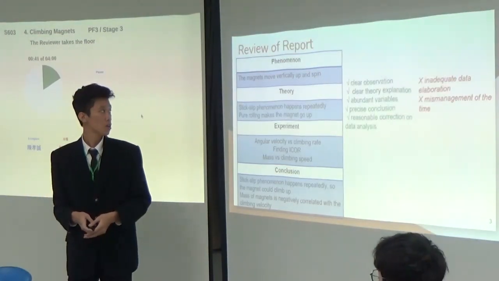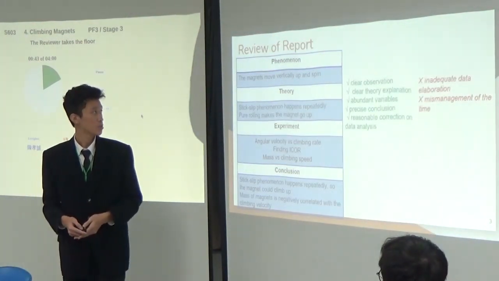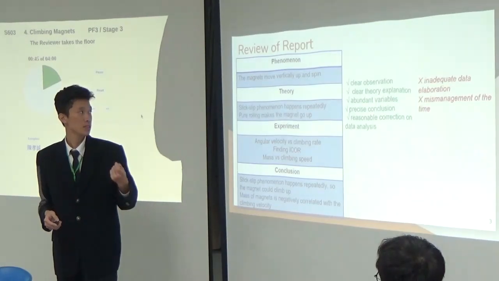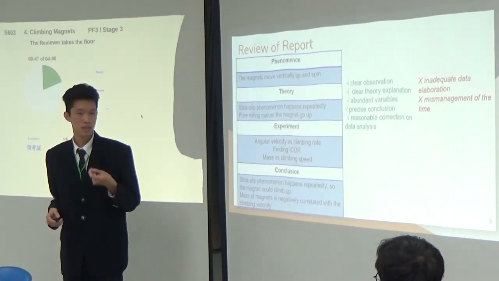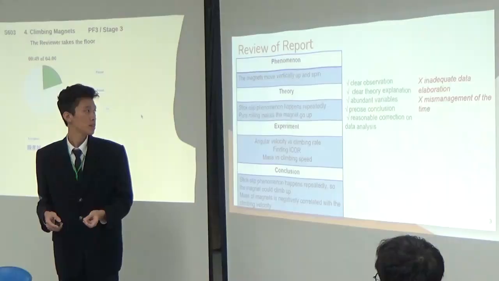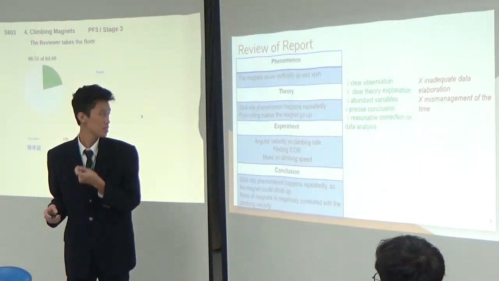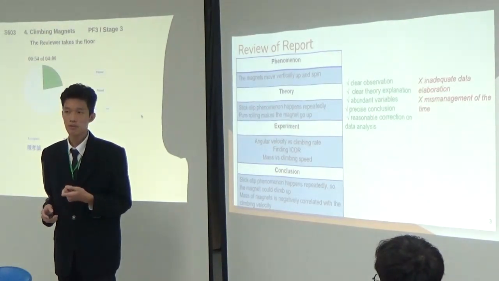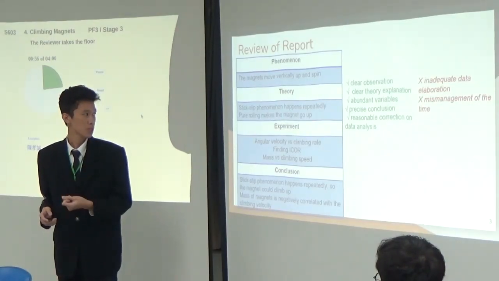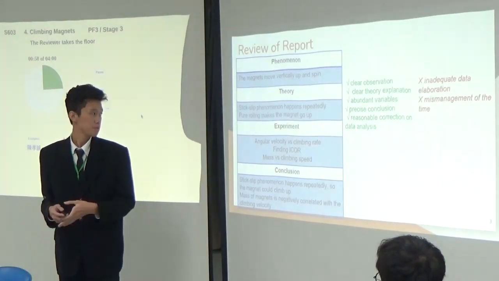So here's a review of the report. They observed that the magnets move vertically up and spin while climbing. They use stick slip to explain the phenomenon, and also pure rolling makes the magnets go up.